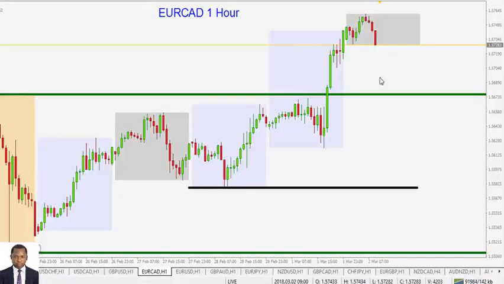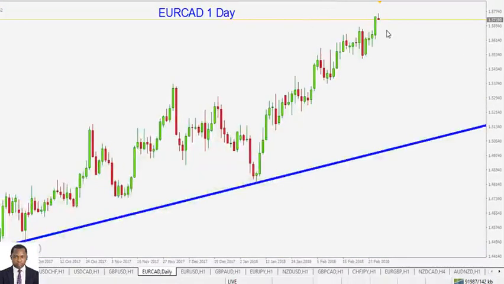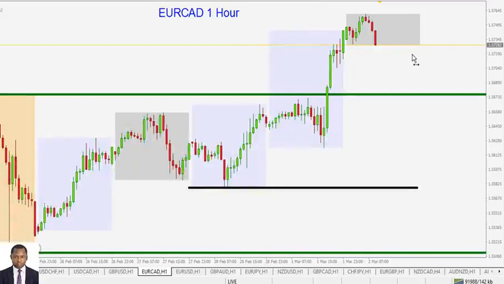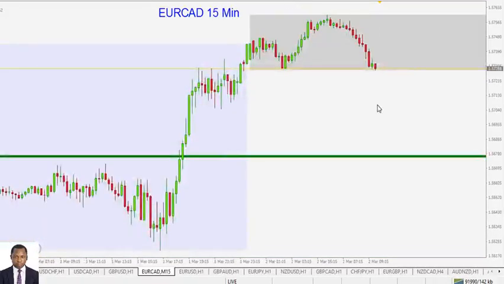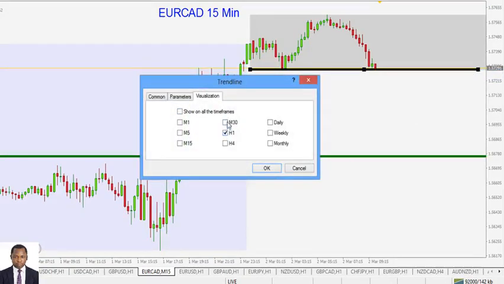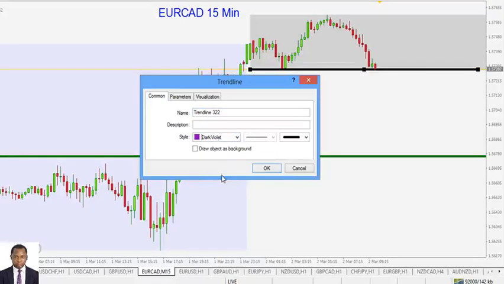The euro against the Canadian dollar. Remember, it's just about a few more minutes before the London market opens, so we can also have the Tokyo range here. Let me mark that in a different color.